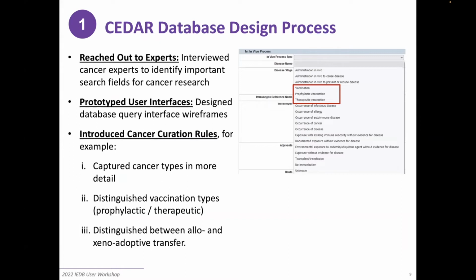We are generating a prototype user interface and also modified the cancer curation rules and display to fit specifically the unique features of cancer epitope data, for example, capturing different cancer types, detailing different types of vaccination and allo and xeno models, and so forth.